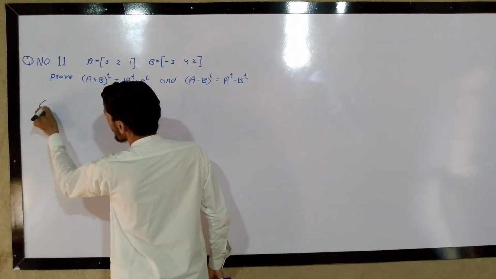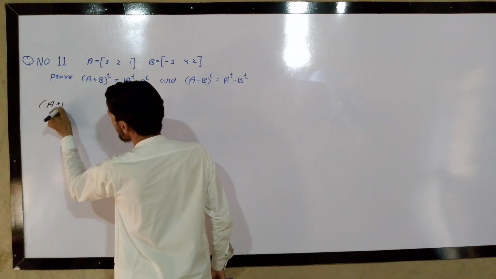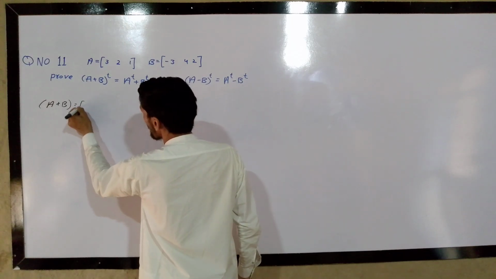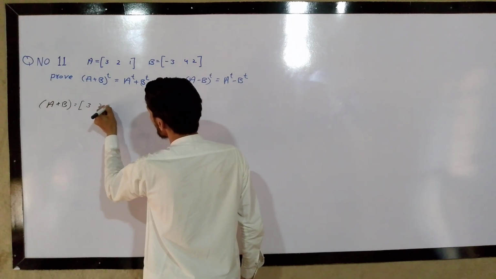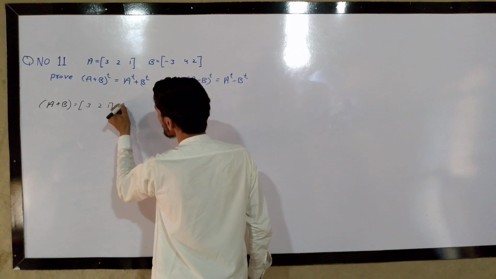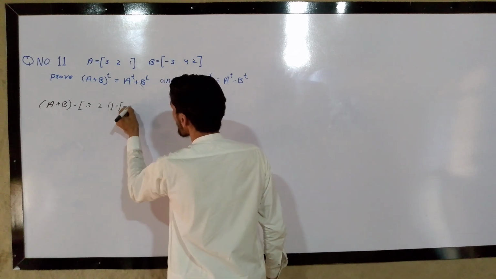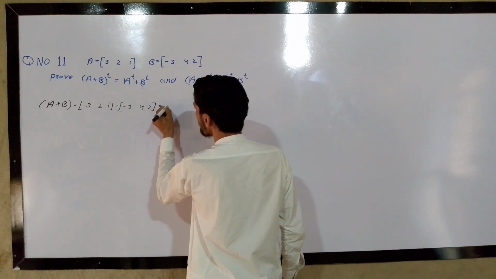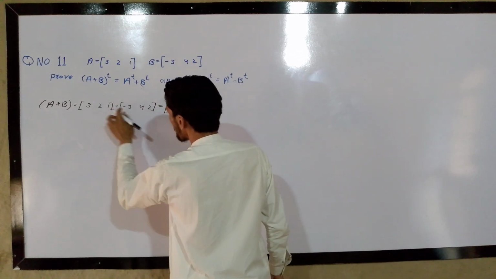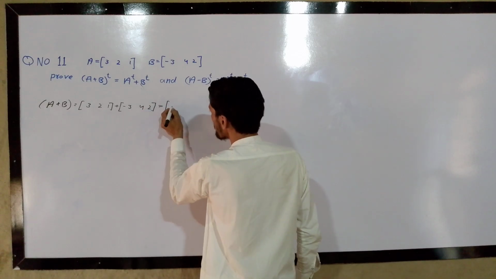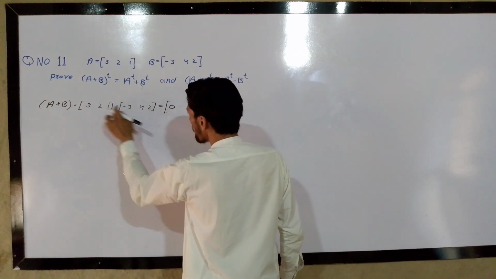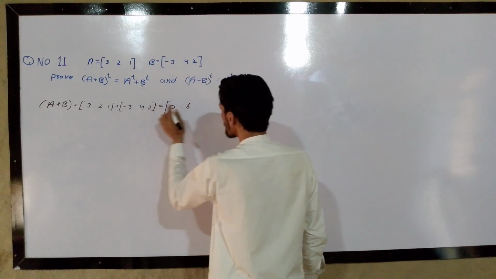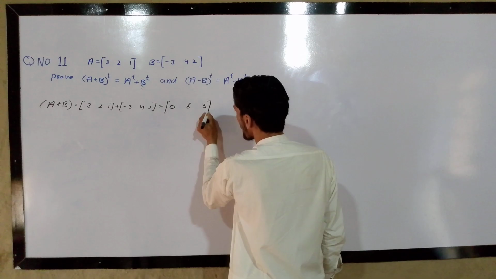Okay. A plus B is equal to 3 2 1 plus -3 4 and 2, which is 3 plus -3 equal to 0, 2 plus 4 equal to 6, and 1 plus 2 equal to 3.